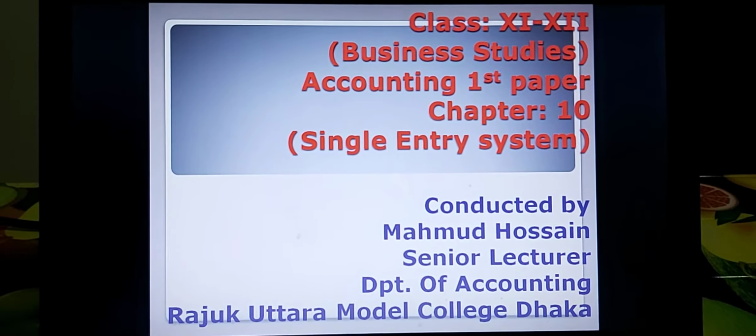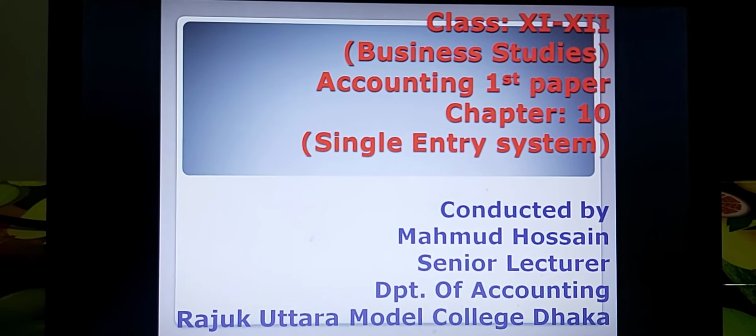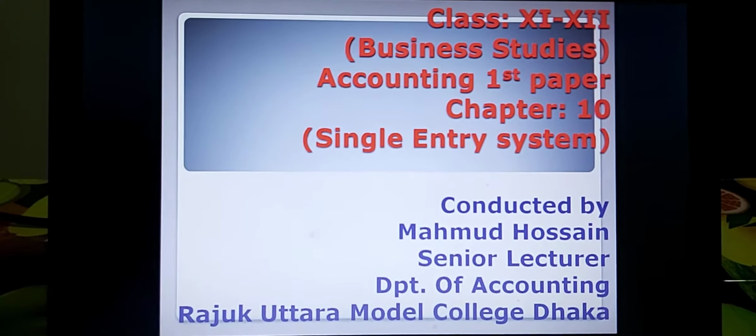This is the very special alternative system for accounting procedure, but it is defective, non-scientific system for current accounting. But in our subcontinent, this chapter is used in sole proprietorship business and partnership business.